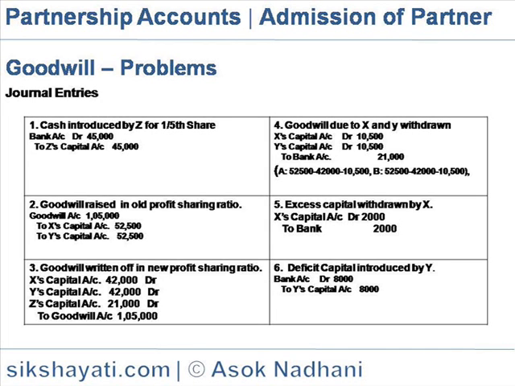The accounting entry would be X's capital 10,500, Y's capital 10,500 to bank account, the amount withdrawn by X and Y. Excess capital withdrawn by X is 2,000, so the entry would be X's capital account debit to bank 2,000. Deficit capital introduced by Y: the bank account will be debited 8,000 to Y's capital account 8,000.